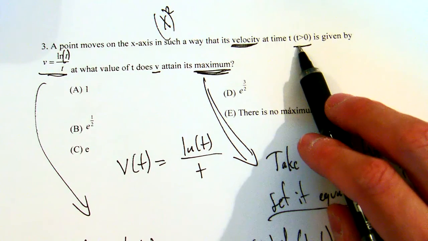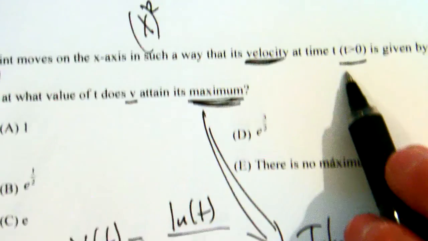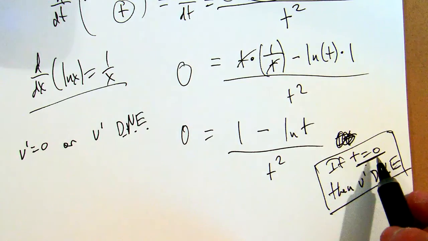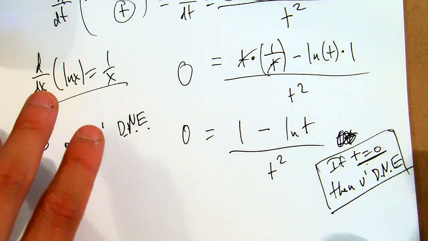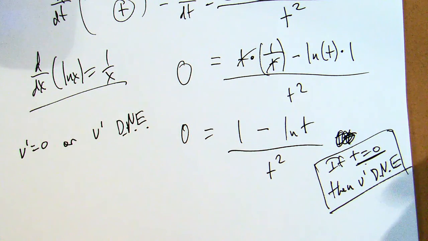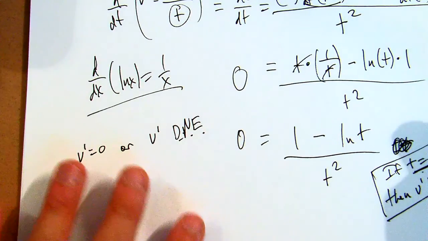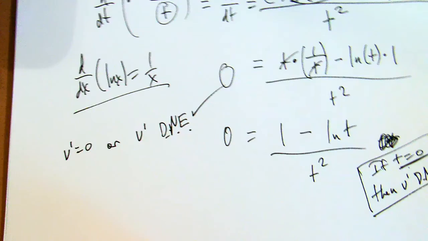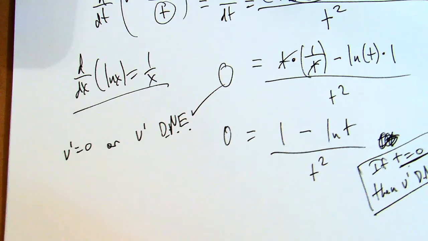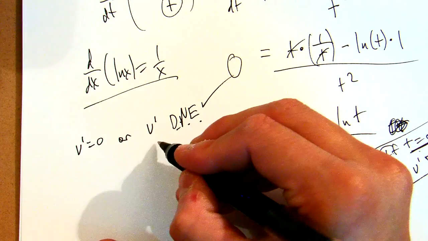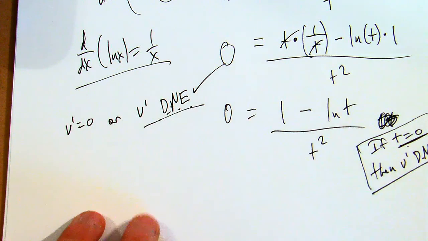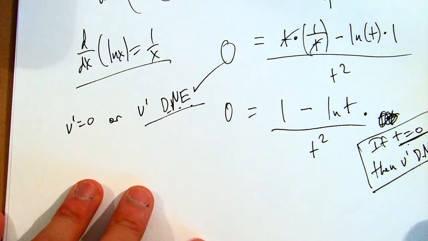However, because it's not in the domain of the function here, t has to be bigger than 0, I found one number that could be a suspect, but we don't have to worry about it because it's not in the domain of what we're talking about. We've already accounted for this one. We found that, but it's not in the domain, so we don't need to worry about this piece here. So this is done. We found that one, but that's not what we're concerned with. So we're just going to continue to solve this here.